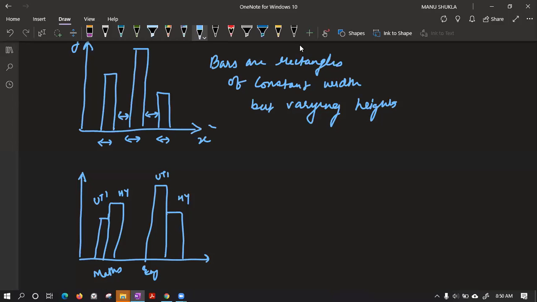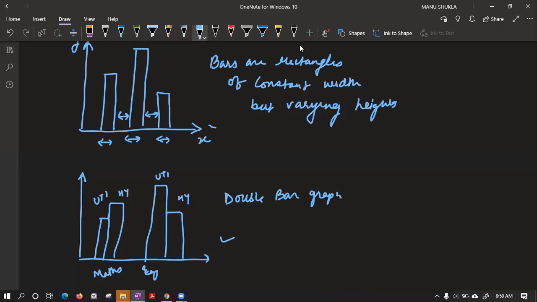This was helpful in a double bar graph to compare two quantities at once. Class, do you remember this also? Double bar graph? Please tell. This also we have done.